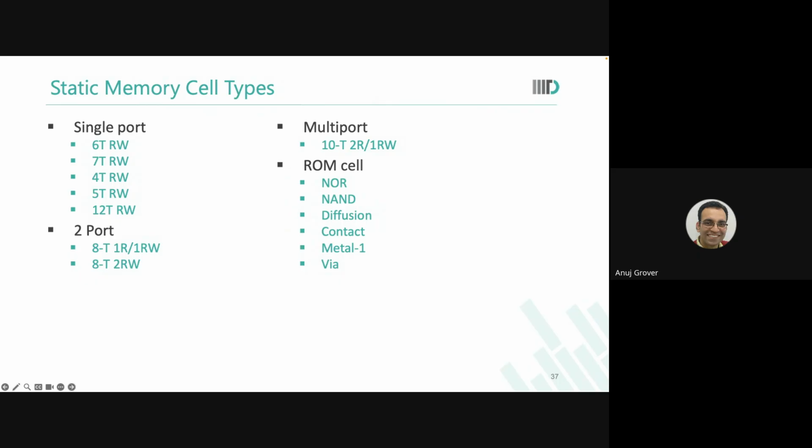Where could this kind of a memory be used? I'm saying one port only reads, the other port does read and write both. Where could such a memory be used? Yeah, there are cache operations and lesser write.